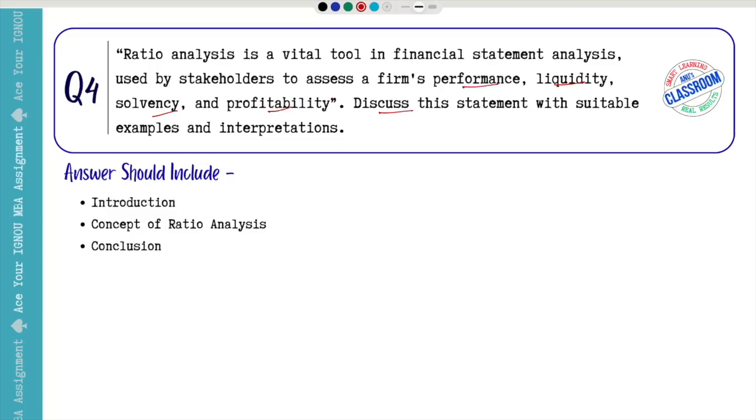So why are we supposed to do this ratio analysis? Why does all this matter? Because every stakeholder, whether it is an investor, a banker, or even a company's own management, they need to know how this business is performing. But raw financial statements like the balance sheet or the income statement can feel like very dense novels in a foreign language.